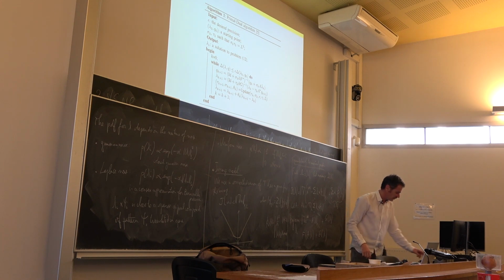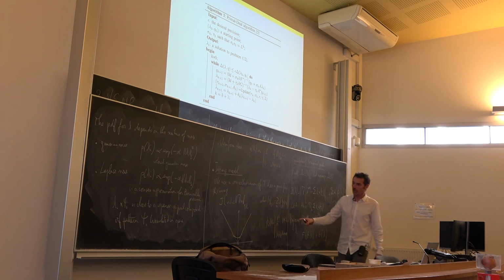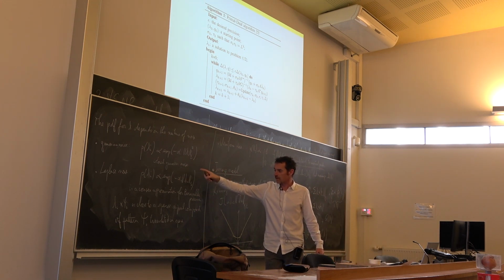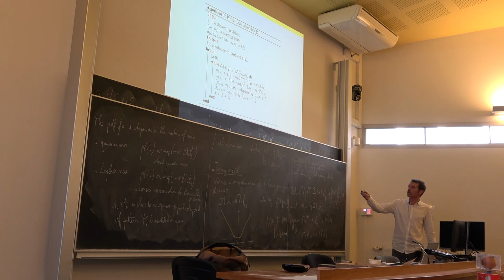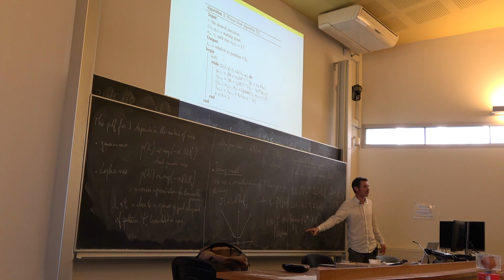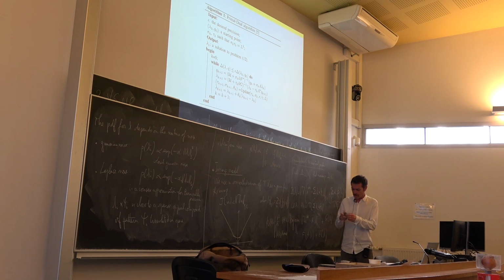In fact, for those who know this, you have to know the prox of g, and this is analytically known for all the cases that we have here. And you have to be able to compute the prox of f star, the conjugate function of f, and it is analytically known in our case also.